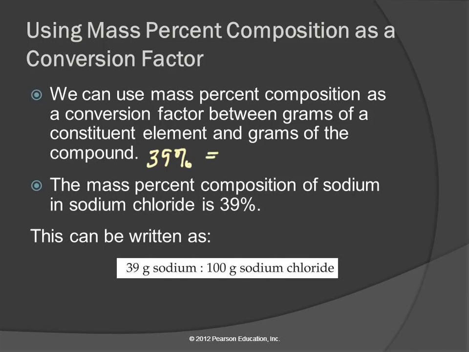So that means 39 grams of sodium per, okay, this is not going well. I want this to be vertical. 39 grams of sodium per 100 grams of sodium chloride.